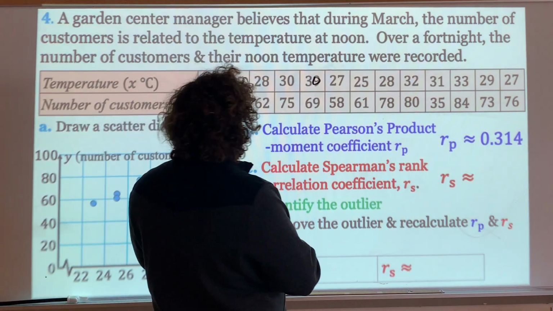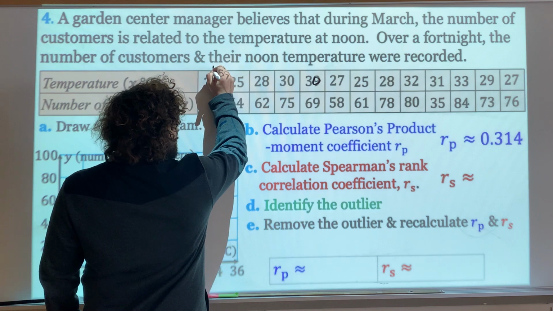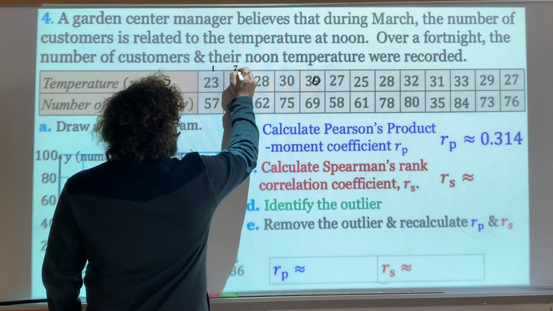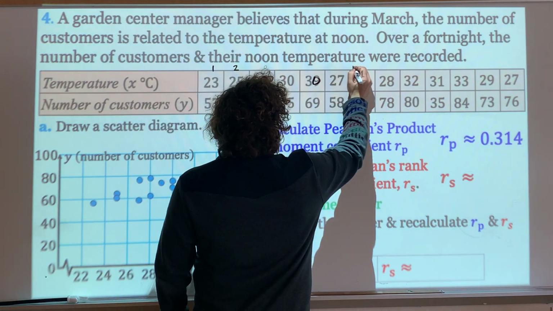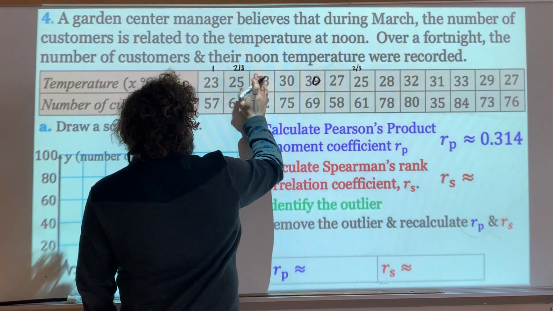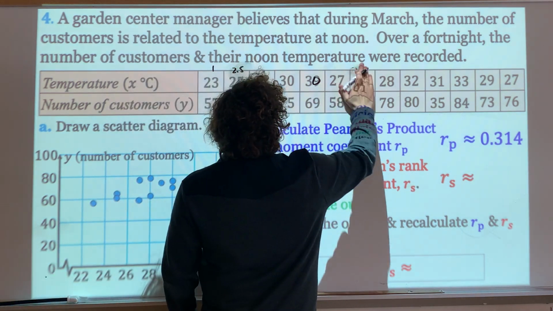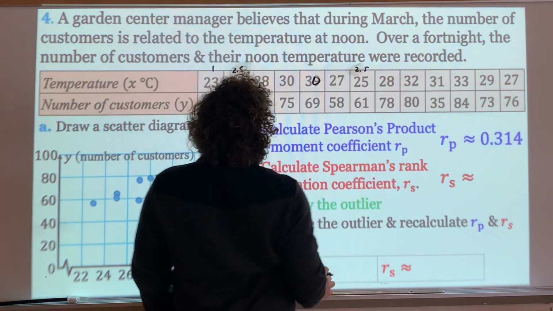So let's look at the ranking here. 23 seems to be the lowest number, so 1, 2, 3. There are two 25s, right? So we're going to call them both 2.5 and 2.5.